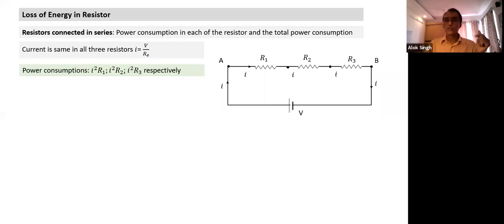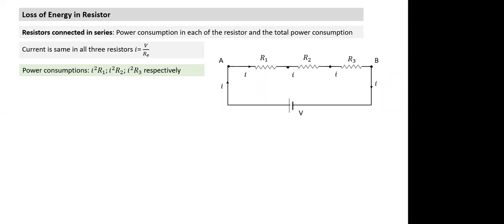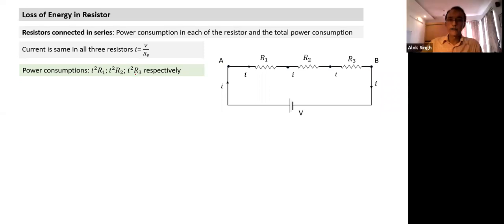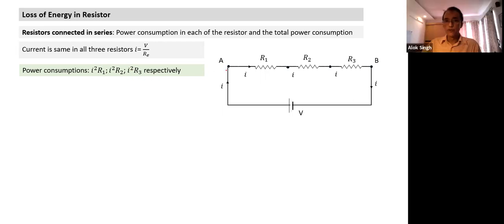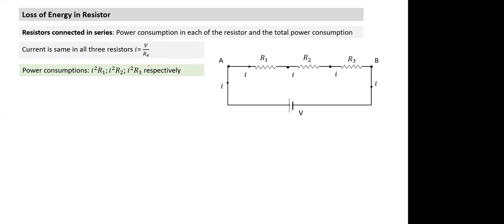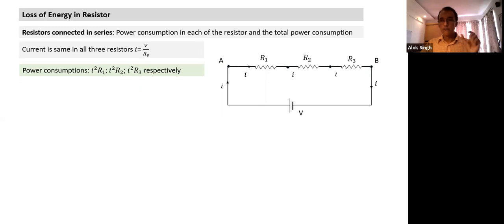What is the power consumption? Now, in this case, why am I using the formula I square R? Because the I term is the same. What is changing? Resistance is changing. There are 3 formulas, and if you pick the right one, it makes things easier.